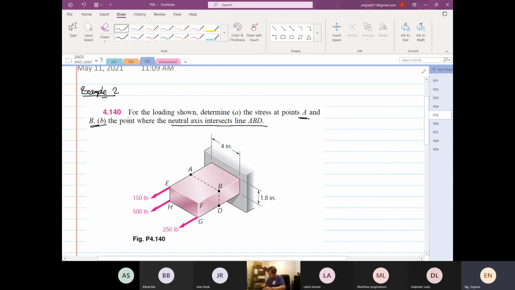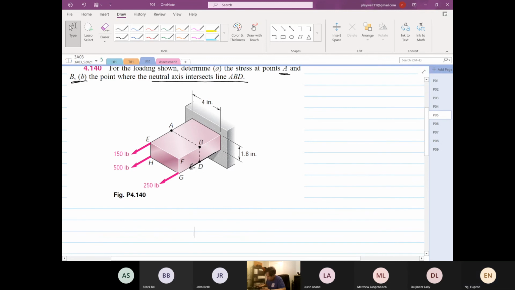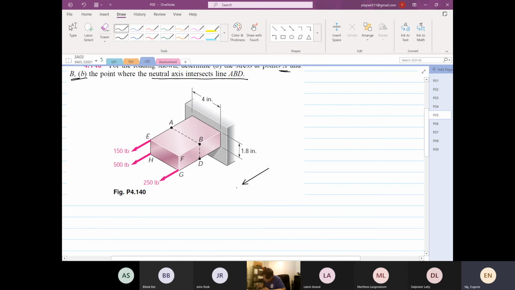So we are going to draw our axis, since this problem did not have axes. I'm going to call this our x, and then a vertical.